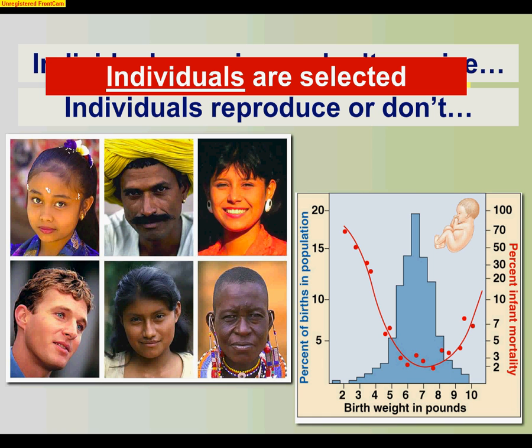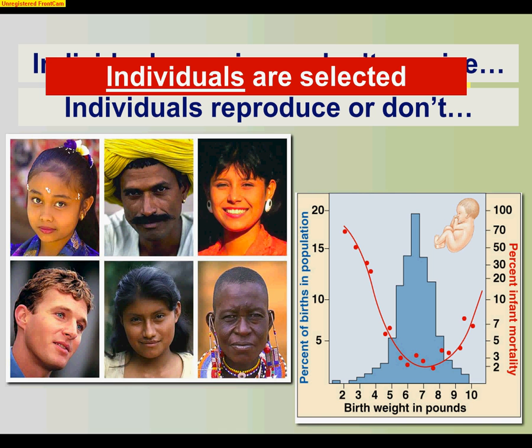We've got a higher percentage of babies being born in that 6 to 8 range. When we get outside of that range, we see dramatic increases in infant mortality. So what's being selected for is the 6 to 8 range, and that's where our population as humans tend to fall with our birth weights.